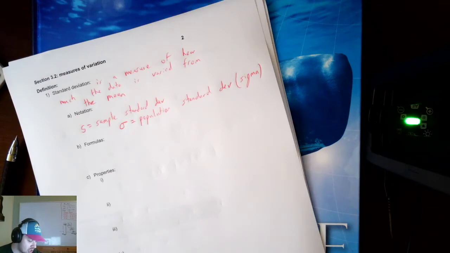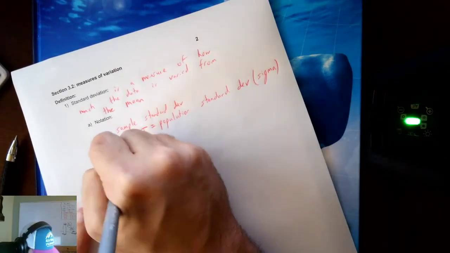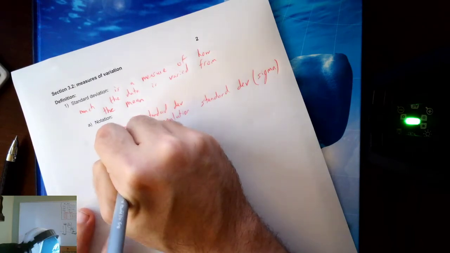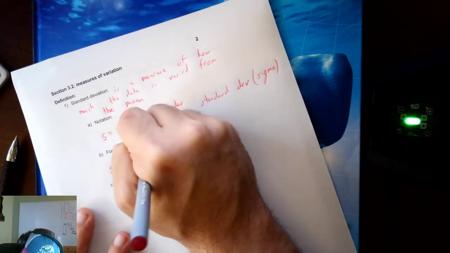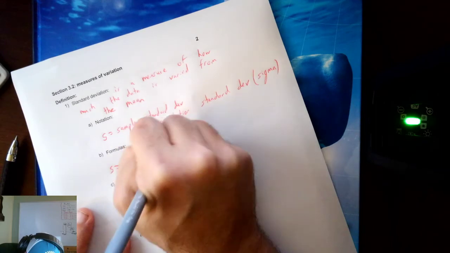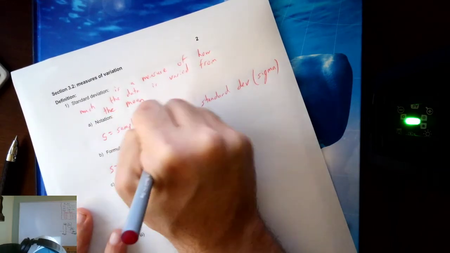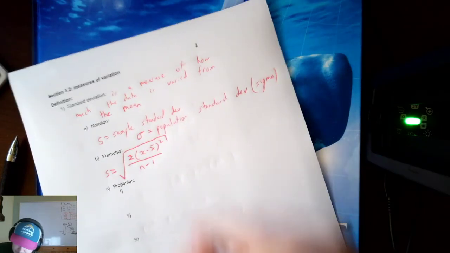Now, we actually have two formulas for standard deviation. So let's look at the formulas. The first is s equals the square root of the sum of (x minus x bar) squared, over n minus 1. That is the sample standard deviation.